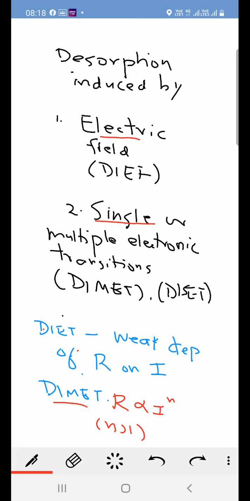So there is a strong dependence of R on n. So n here indicates the number of inelastic scattering events required for the process to occur.